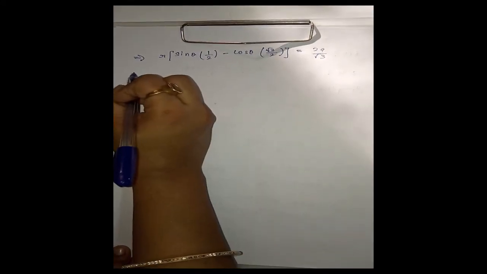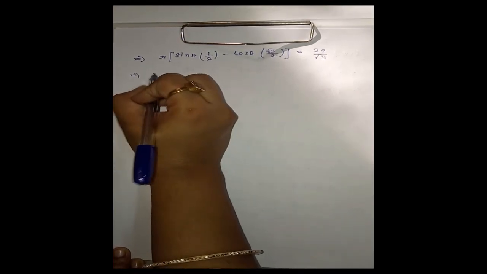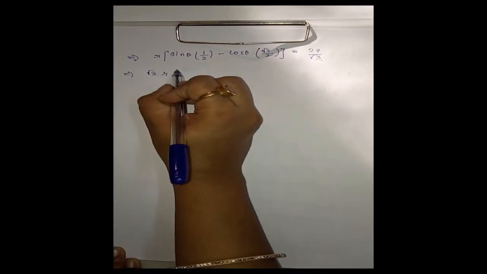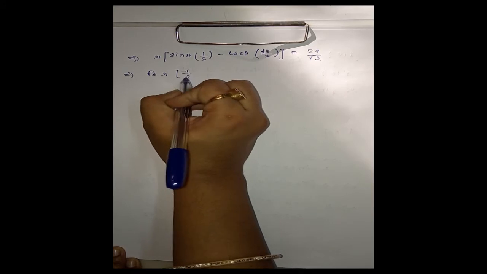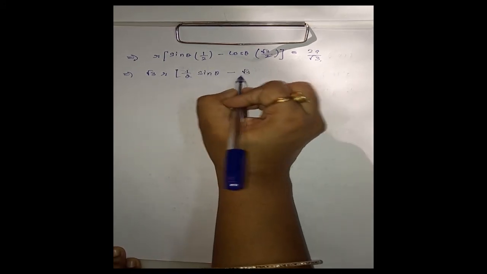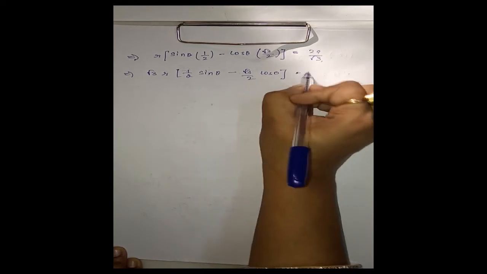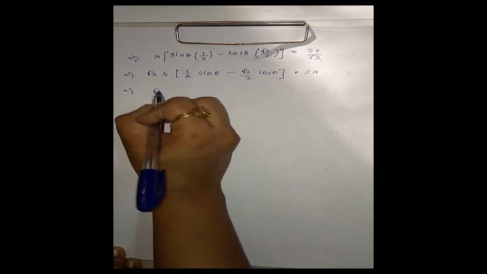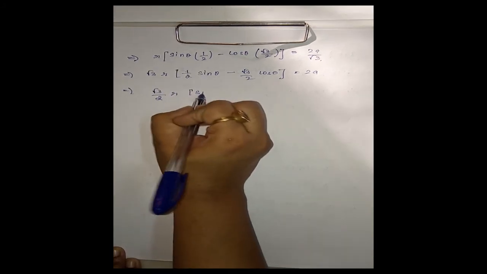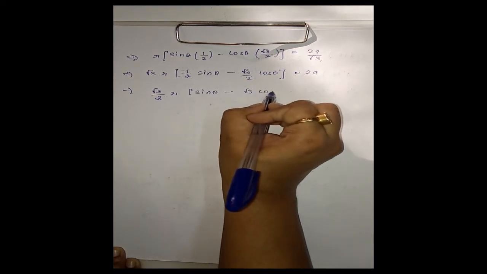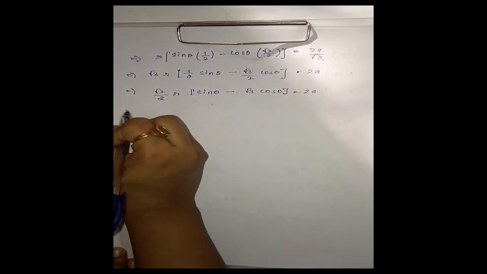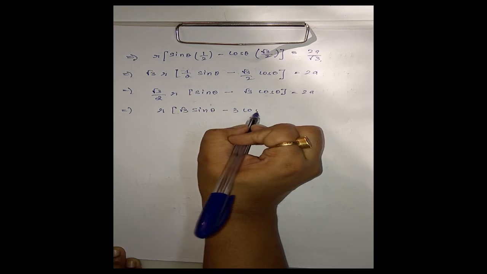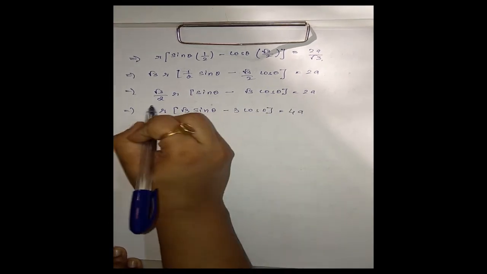Taking root 3 on the left hand side, I get 1 by 2 sin theta minus root 3 by 2 cos theta is equal to 2a. This can further be written as r(root 3 sin theta minus 3 cos theta) is equal to 4a. This is one asymptote.